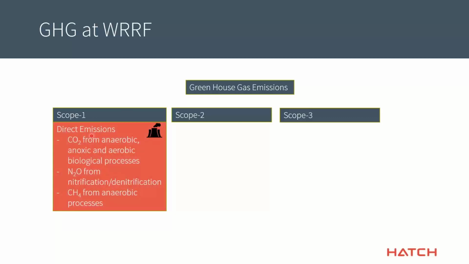Within scope 1, we are calculating basically gases like CO2, methane, and N2O production from different biological processes. So we have the underlying biological oxidation processes that can be used to estimate the CO2, N2O, and CH4 production from each of the biological processes.